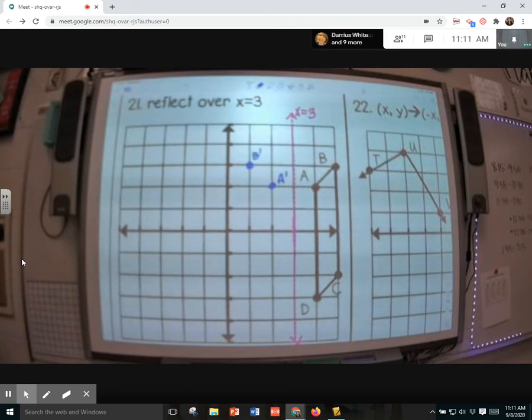We're basically just counting 1, 2, 1, 2. So with C, I go 1, 2, 1, 2. There's my C prime. And then D, 1, 1. There's D prime.